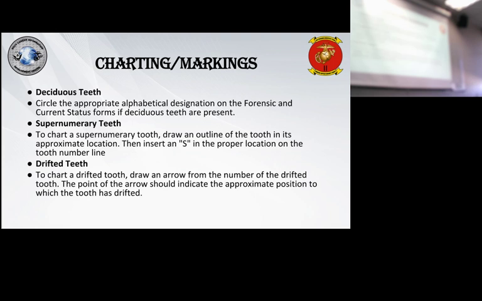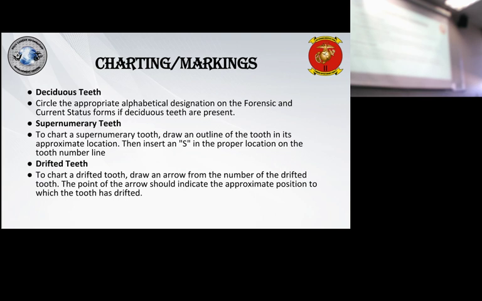All right, deciduous teeth. How are we going to do that? Somebody read for me. Circle the appropriate alphabetical designation on the chronological and current status forms if deciduous teeth are present. Okay?